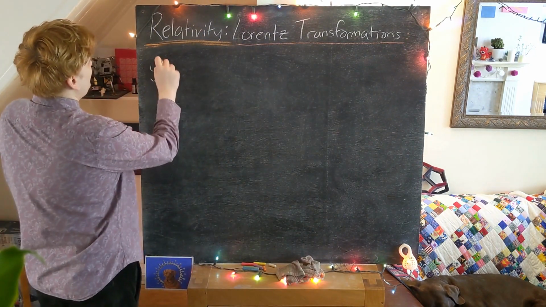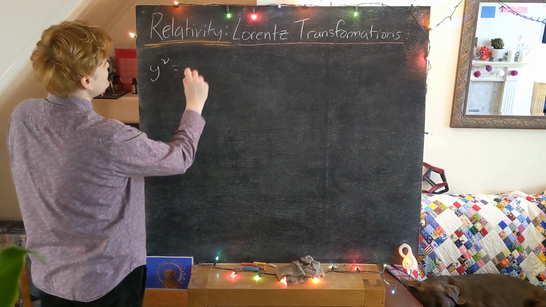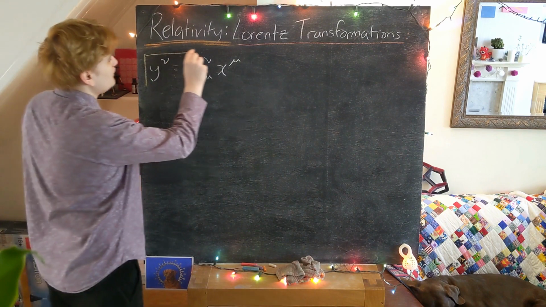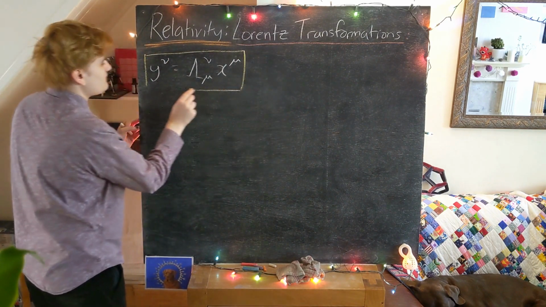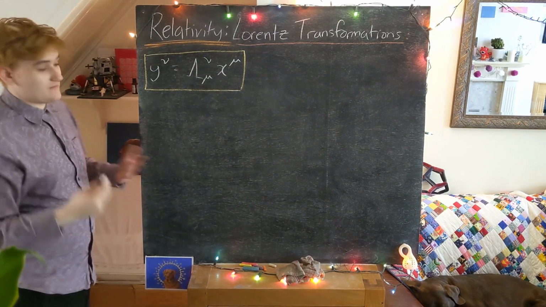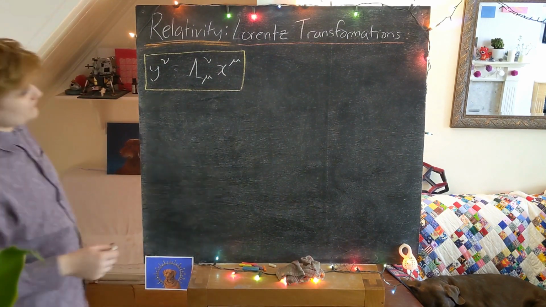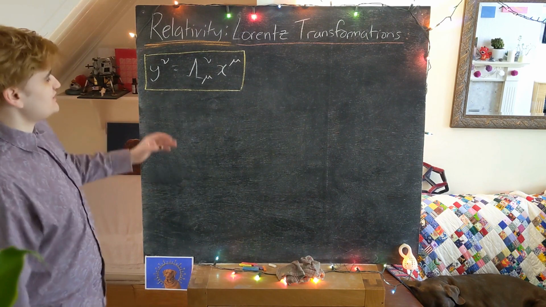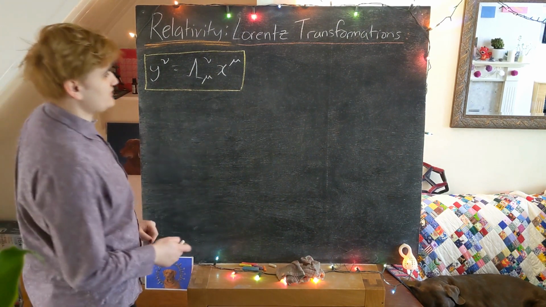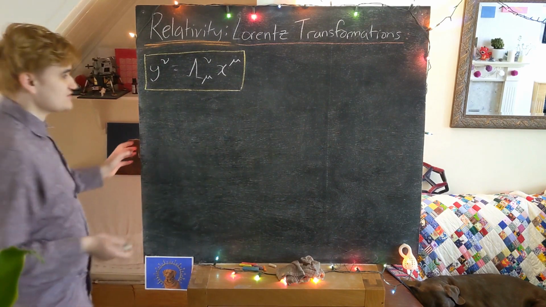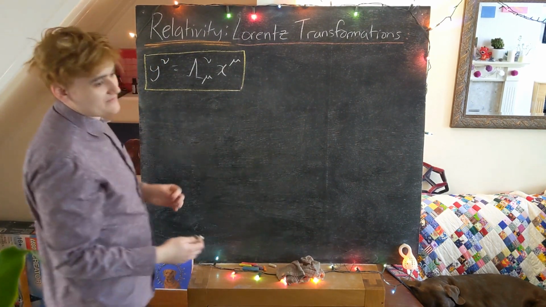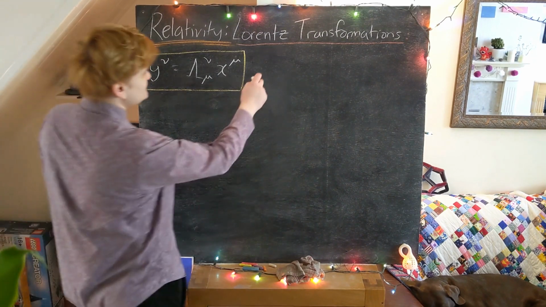Okay, so we're looking at our linear transformation, and now we're going to try and derive essentially what possible matrices we can write down here. Or rather, we're now going to use the isometry requirement to constrain the possible matrices that we could write. So the isometry requirement basically states that the metric is invariant regardless of the coordinates.